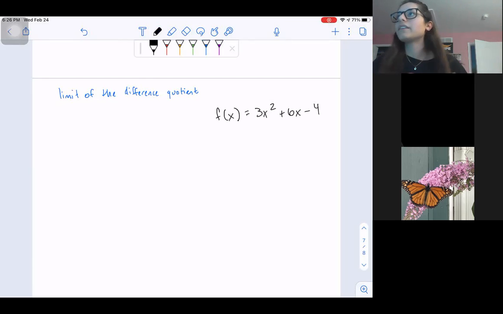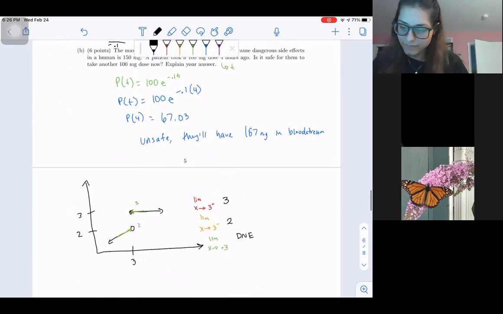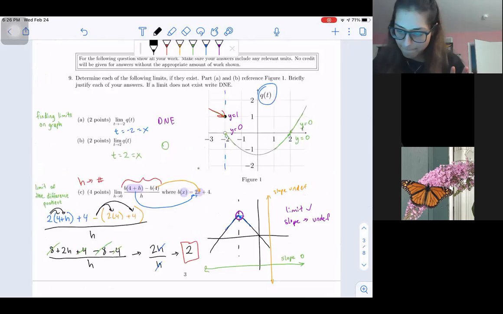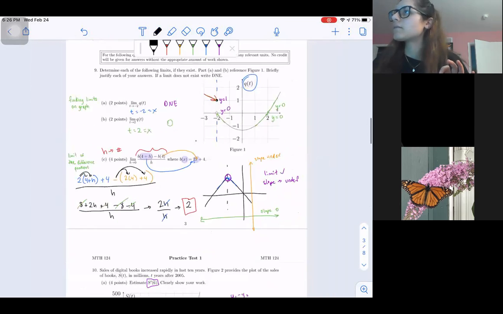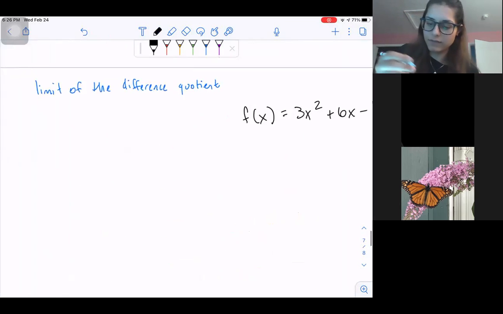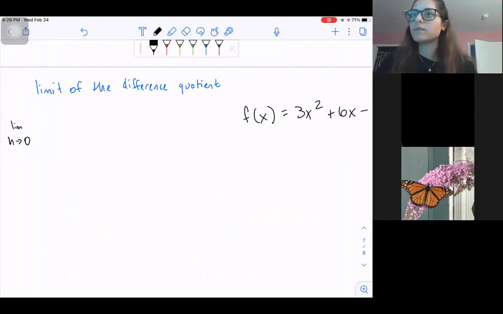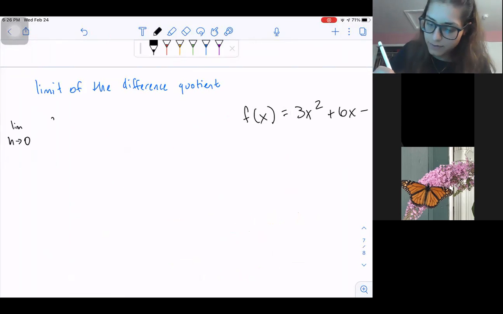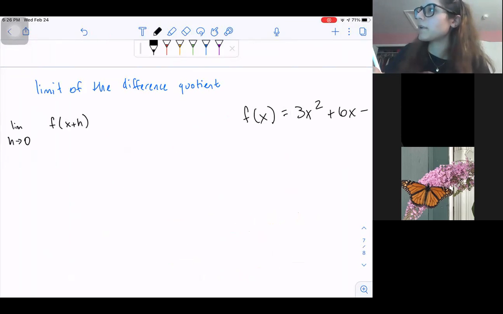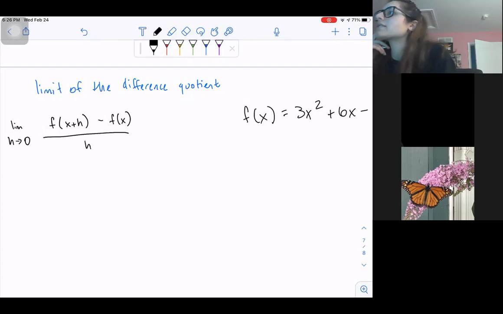Okay, and so actually all they have to do is give us this original function, and then we should be able to find the limit, right? So limit as h approaches 0 will be f of x plus h minus f of x, all over h, and then they'll give us an x.